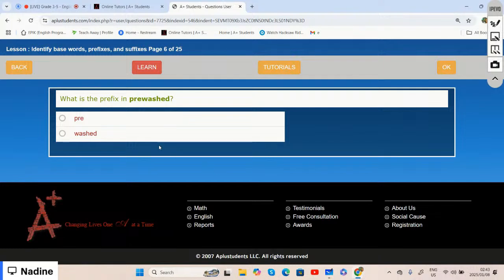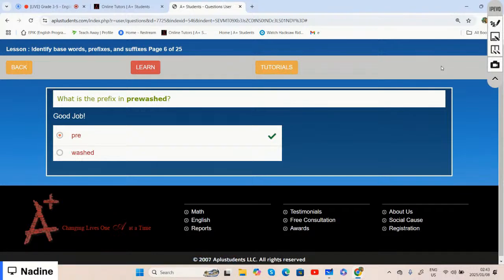Yes, and if we were to select the prefix, then it is pre. It's the word that we add at the beginning of our base word. Pre. Well done.